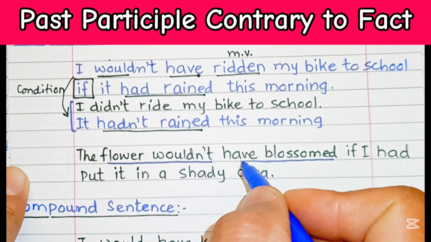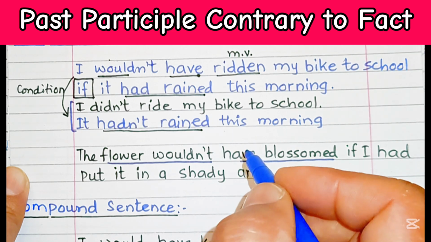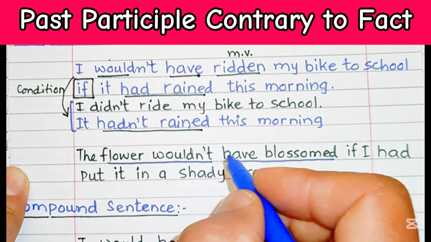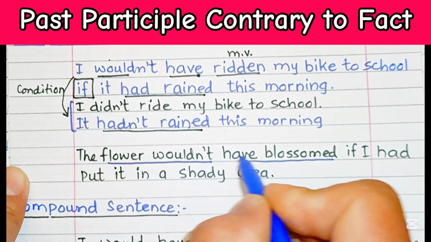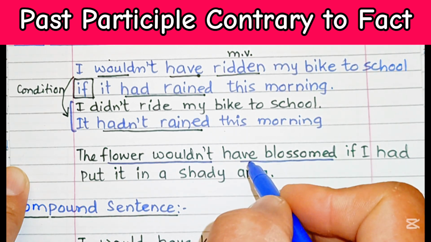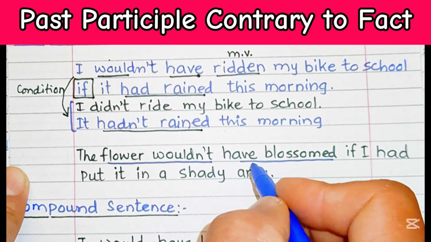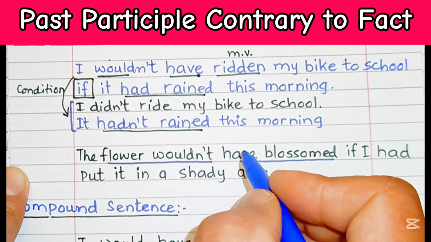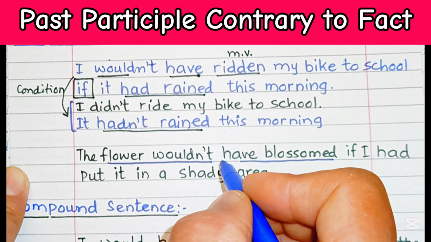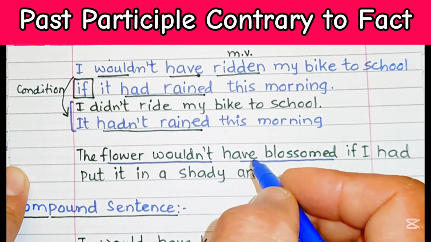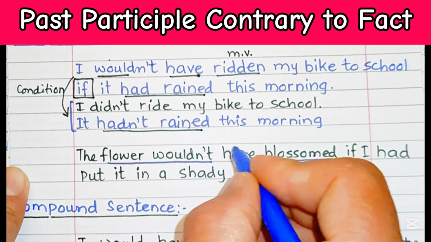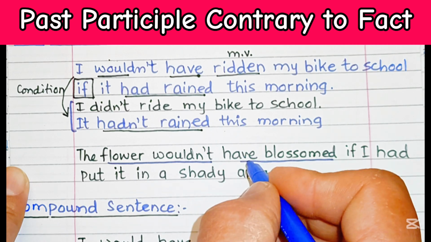Won't have blossomed means the flower blossomed. This did happen, the flower did become a flower.